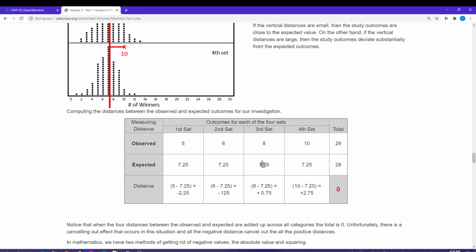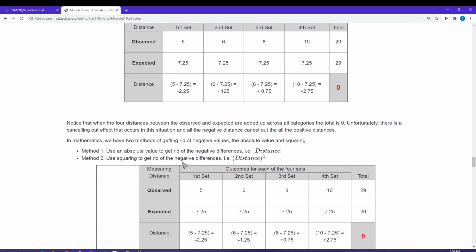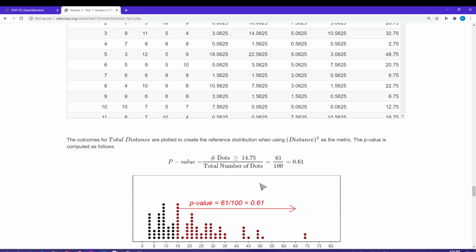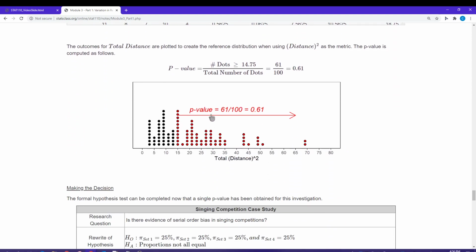So when I take these negative distances and I square them, I end up pushing them up to the positive side here. So negative 2.25, I square that, I end up with a positive 5.06. This negative ends up being positive as well. So although I'm computing p-values on one side here, to the right, this is indeed a two-sided test.